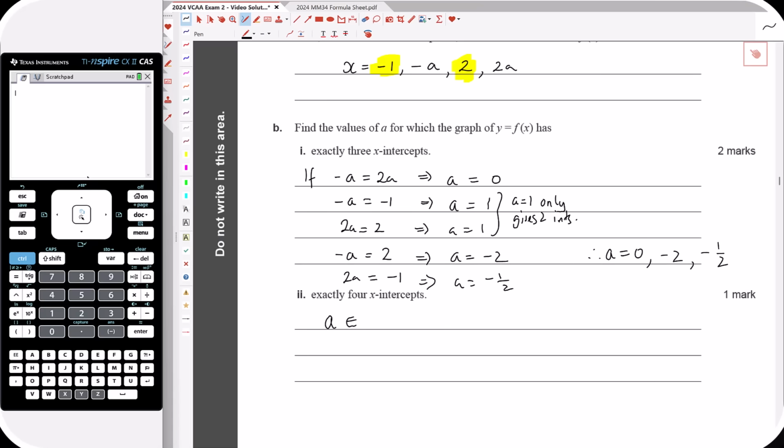If a is anything else, then the -a and 2a intercepts will be 2 different things, and they won't equal -1 or 2, so we'll get 4 different things. So a is an element of all real numbers, except for, and I'm going to list them in order in a set, -2, -1/2, 0, and also 1, because 1 only gives us 2 x-intercepts.